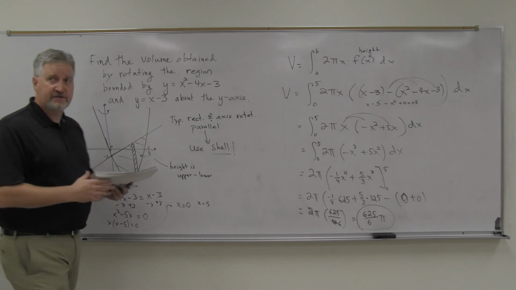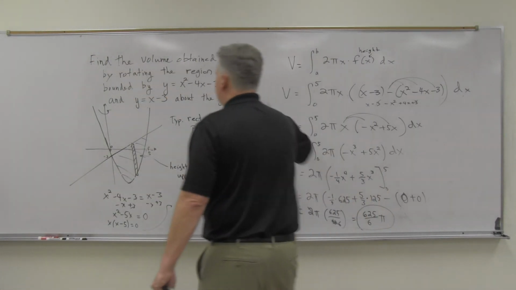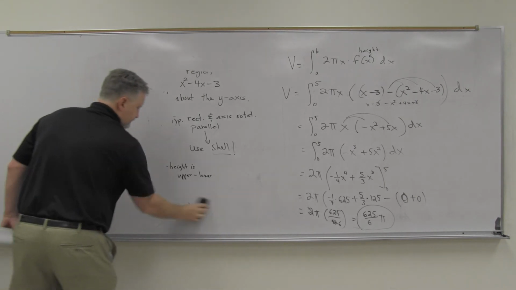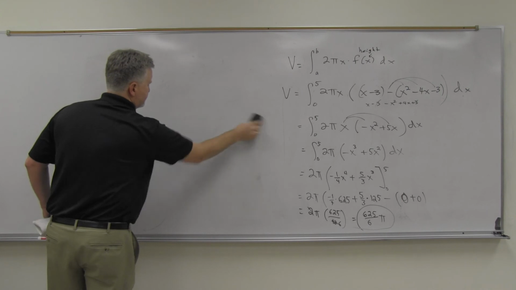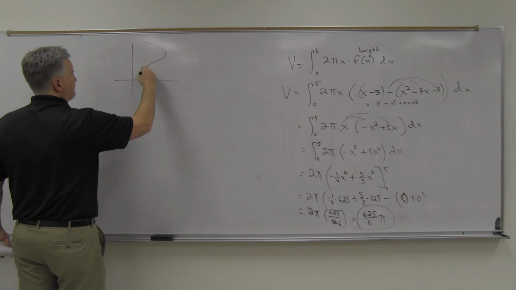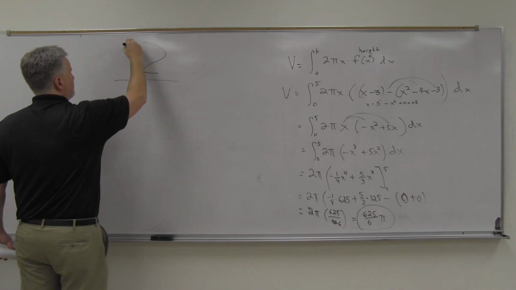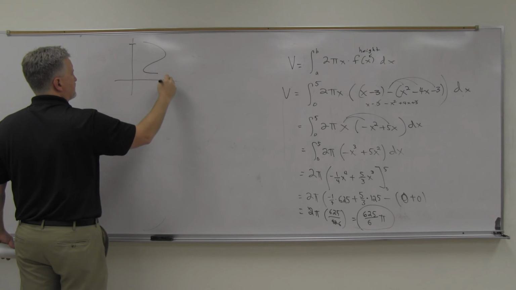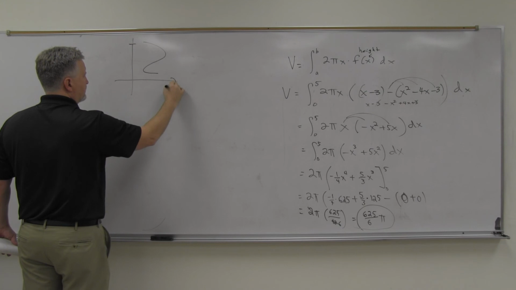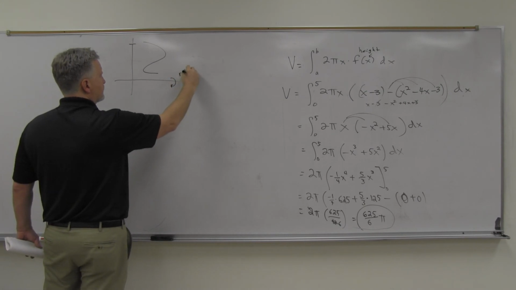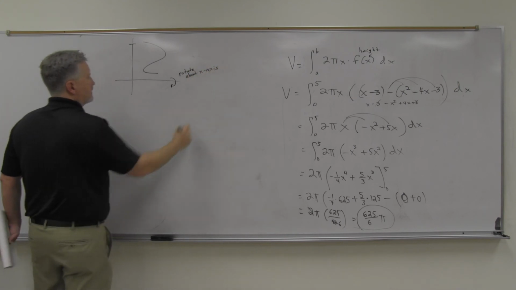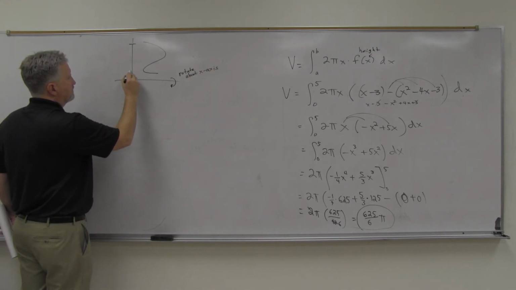The only thing I would mention real quick, we're out of time, is shell method, if it makes sense. So if we've got this function here, and we're rotating it about the x-axis, and we're going from c to d here.